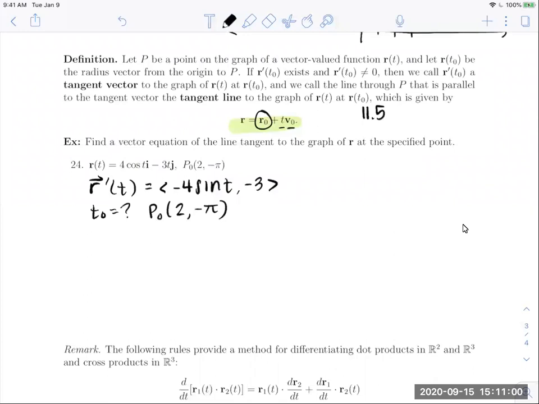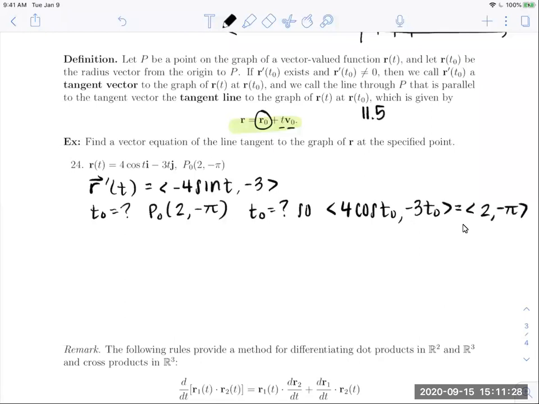All right, so the question becomes, what t naught value corresponds to this P naught point? So t naught equals what, so that 4 cosine of t naught comma negative 3 t naught equals 2 and negative pi.